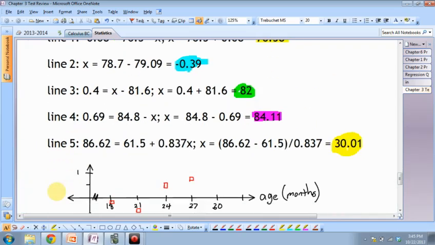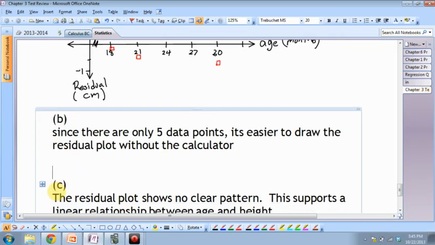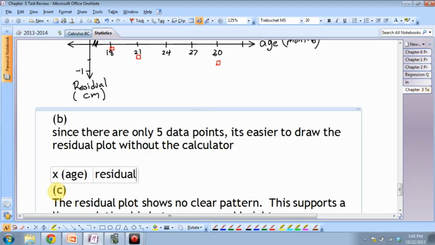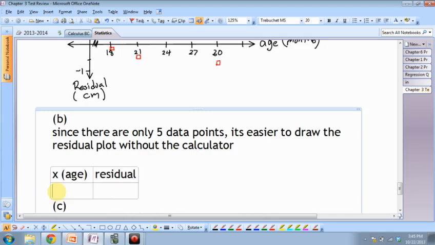Let's get these plots. So the x-coordinate, which was age, against the residuals. The first is 18. That first residual is negative 0.08.